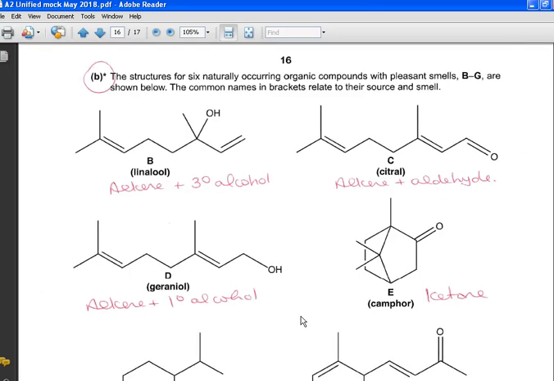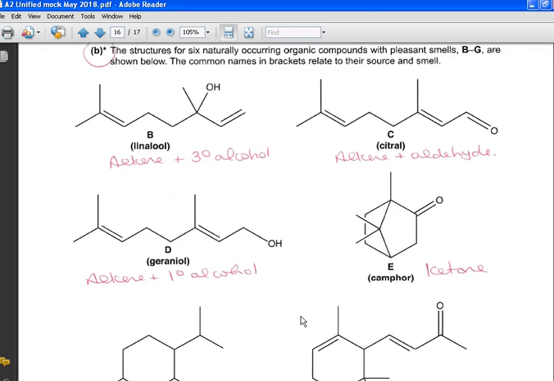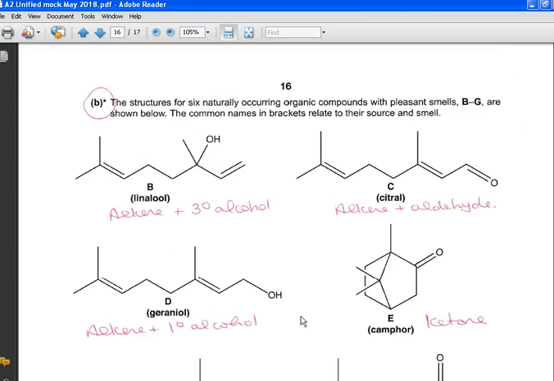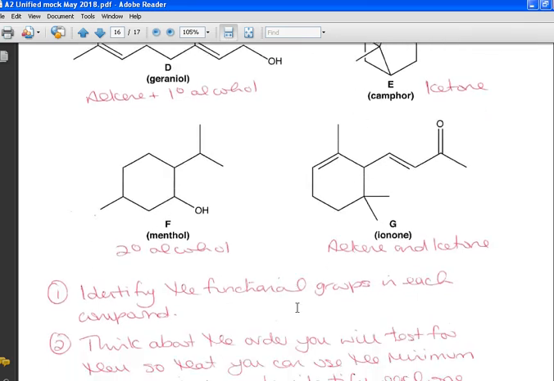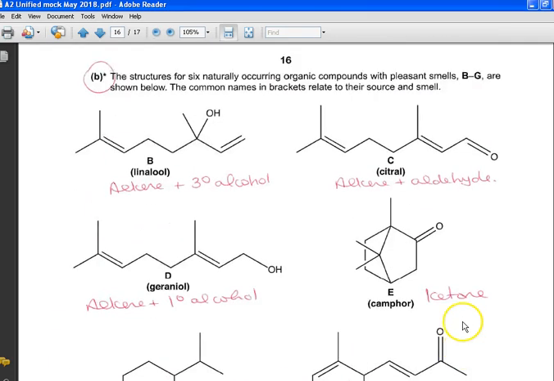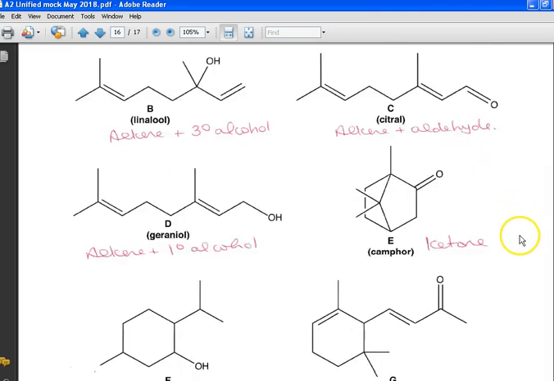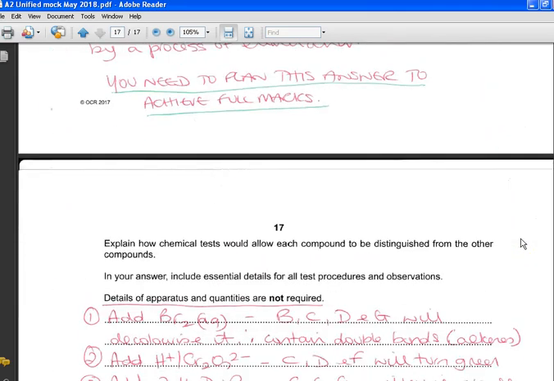Okay, so this is the last question, and this is another starred question. You're given all these different organic structures, and you're told to explain how chemical tests would allow each compound to be distinguished from the other compounds.